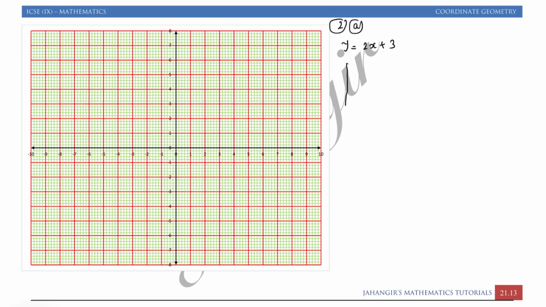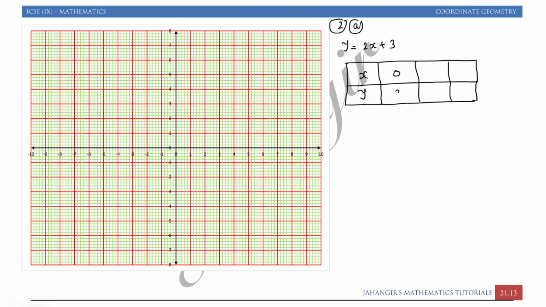So making the table, I will just copy down the same table which we had done. X, y, first value was 0 in which we got 3, second value is minus 2 in which we got minus 1, and third value is 2 in which we got 7. Now the next equation is y is equal to 3x plus 1. Here also we will draw a table.